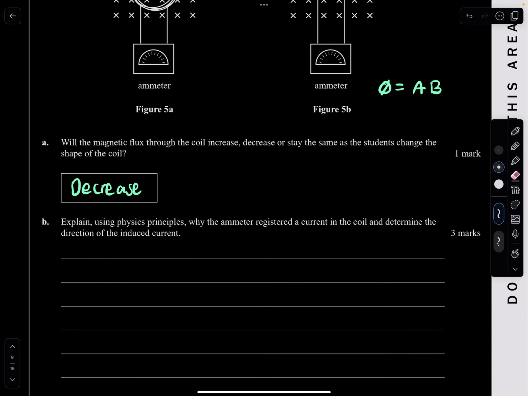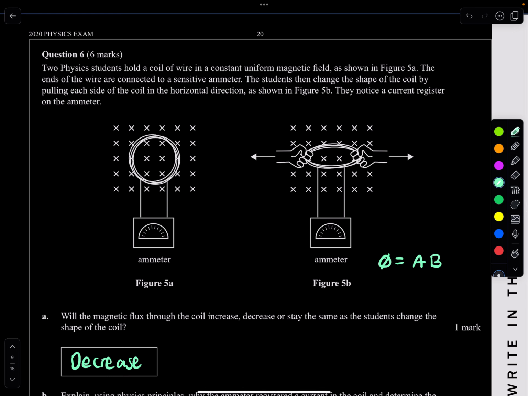So B, explain using physics principles why the ammeter registers a current in the coil and determine the direction of the induced current. All right, like we said, of course it's going to register current because there is a change in magnetic flux. Remember here, we have maximum flux, and so we then decrease the flux.